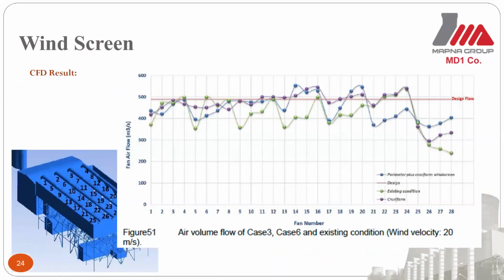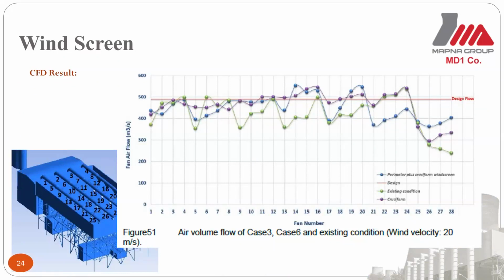For better understanding, let's have a look at the fan flow rate diagram. Pay attention to the fluctuation of these three lines and compare the green one with the two others. The green one, this line, is the existing situation, no window screen. In the window screen cases, fluctuation of flow rate is much less than the green one.